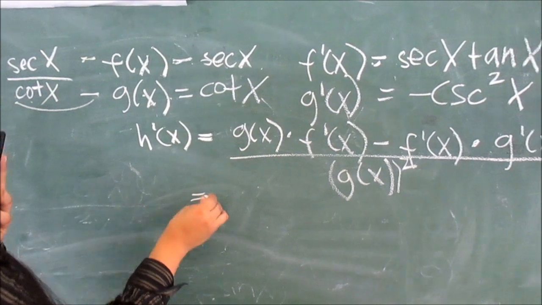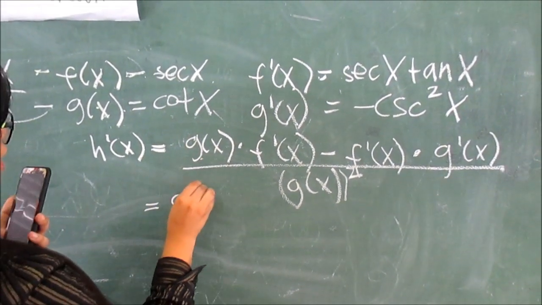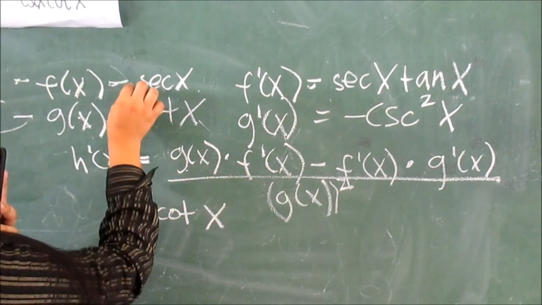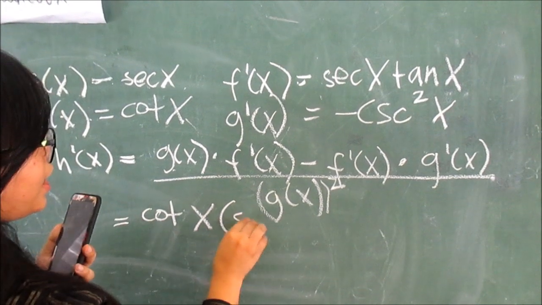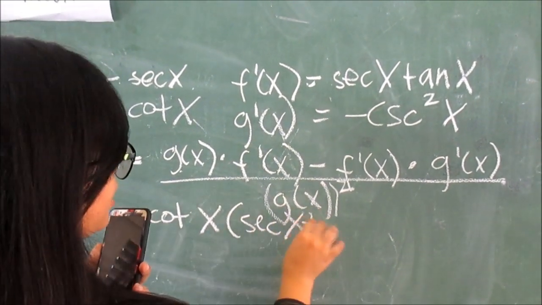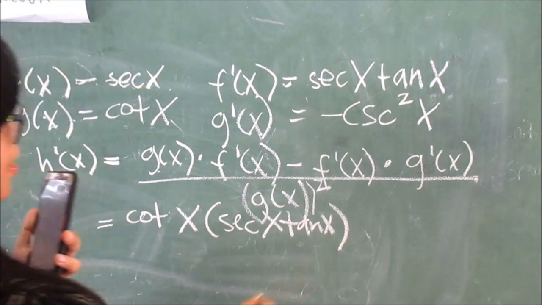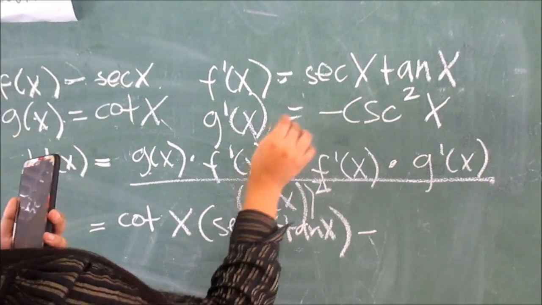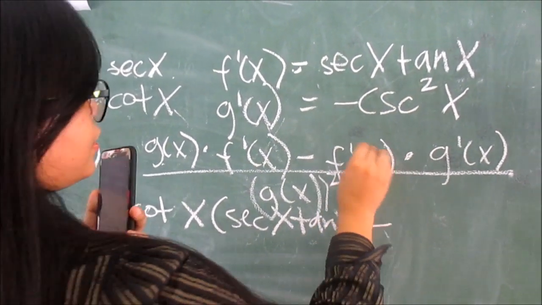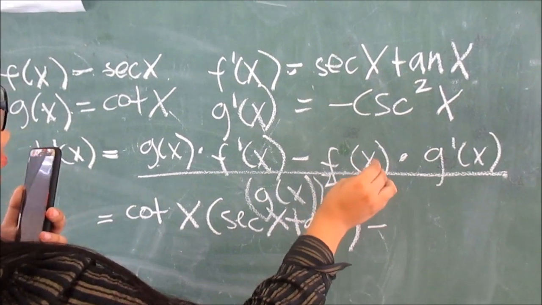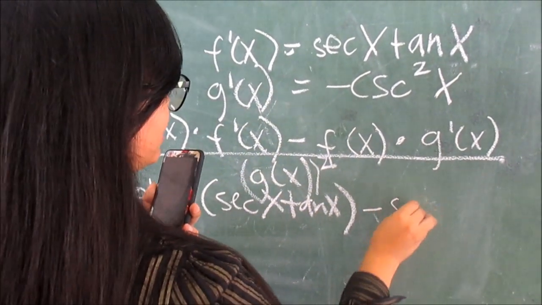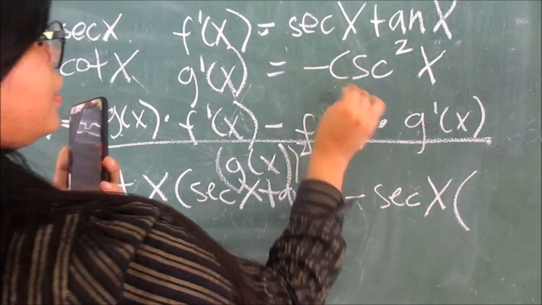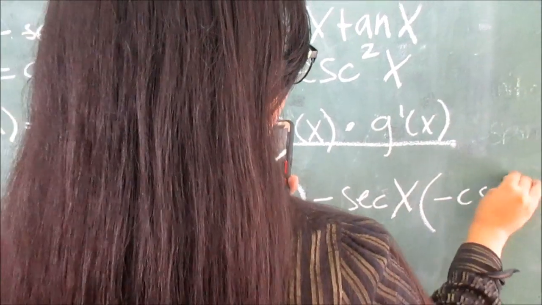Then, going to substitute, g of x is cotangent x. And the derivative of f of x is secant x tangent x, minus the f of x, which is equals to secant x, times the derivative of g of x, which is negative cosecant squared x.